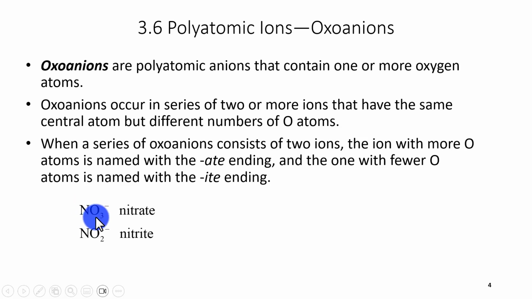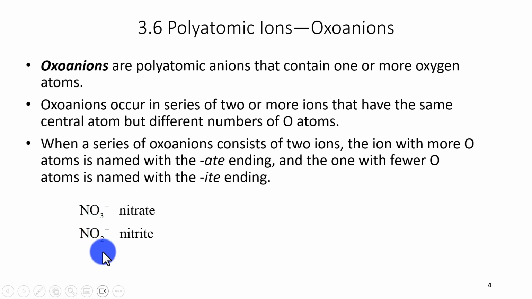So here's an example of an oxoanion series. These have the same types of atoms, right? We have nitrogen in both cases and oxygen in both cases. They're oxoanions because they have at least one oxygen atom out of those two types of atoms that make up the polyatomic ion.